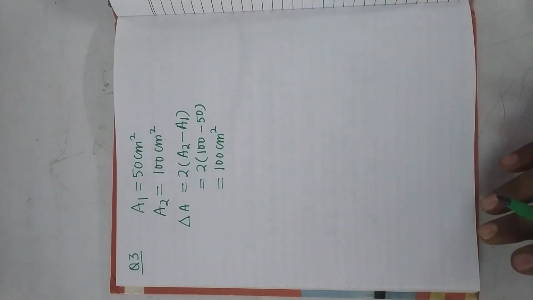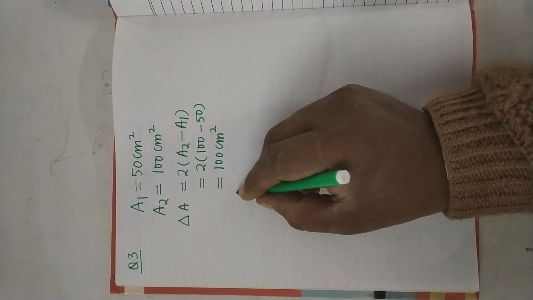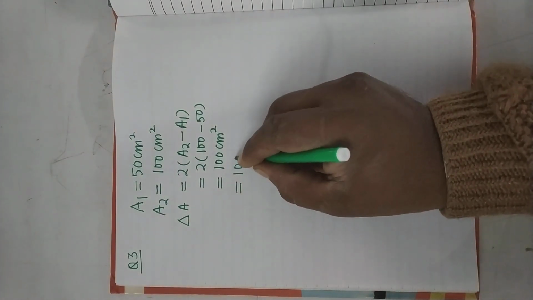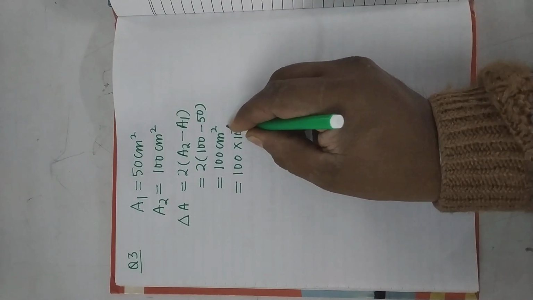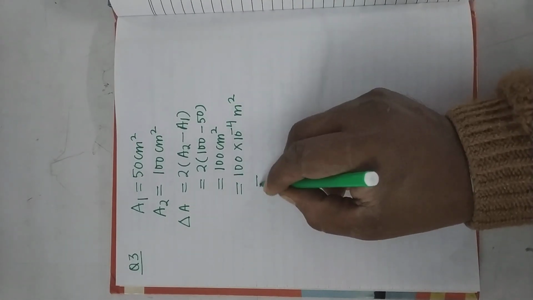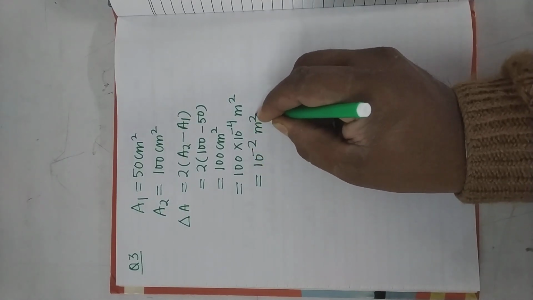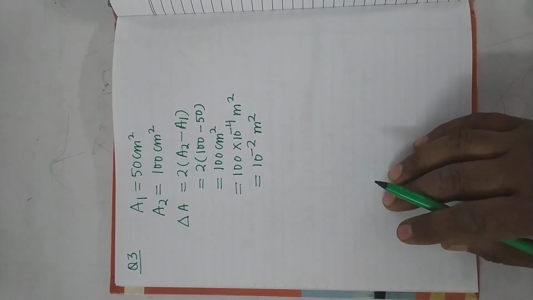It is clear. And why is it so? Because the soap bubble has 2 free surfaces. So it will be 100 into 10 to the power minus 4 meter square, which equals 10 to the power minus 2 meter square. It is clear.